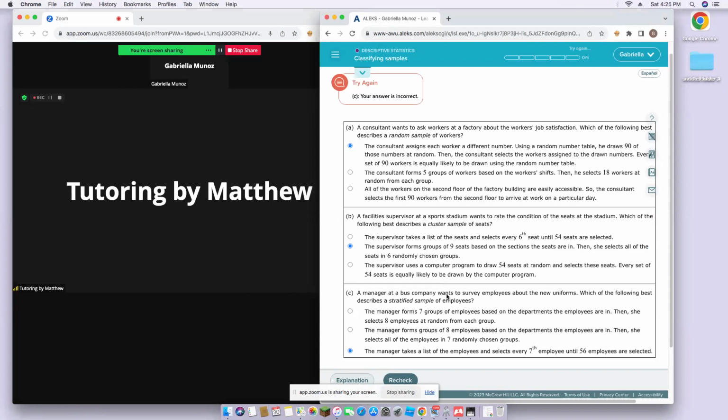There's a bunch of these types of sampling. Systematic. Sorry, the last one is called systematic. When it's every nth, that's systematic. Stratified is when you divide it into groups. It's kind of like clustering, but then you choose randomly within each group.